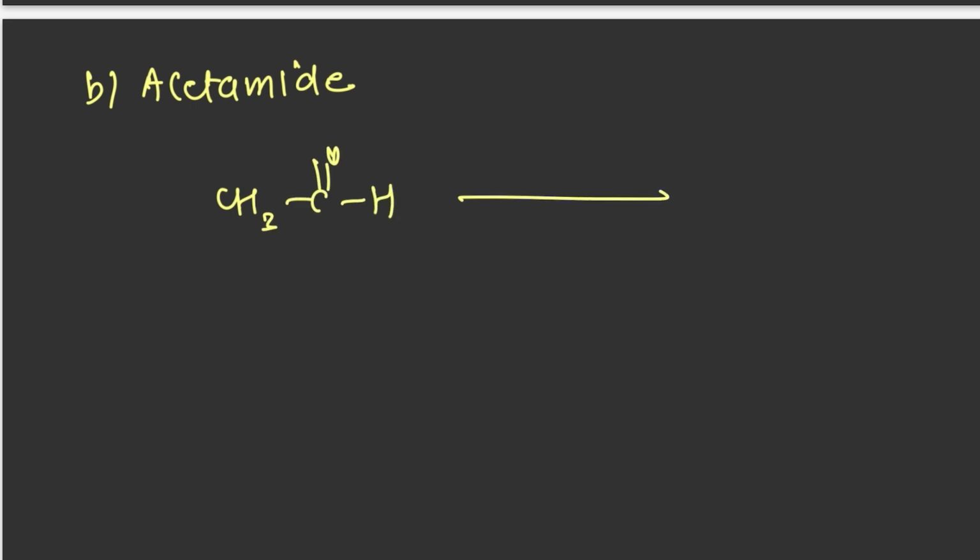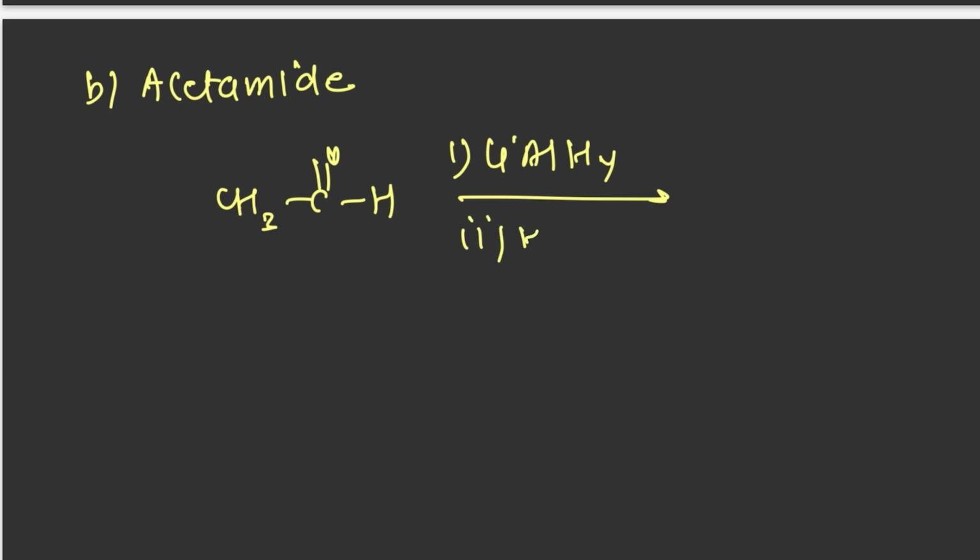Second is acetaldehyde. In acetaldehyde we have CH3 C double bond O, H, that reacts with first LiAlH4, second H plus H2O.